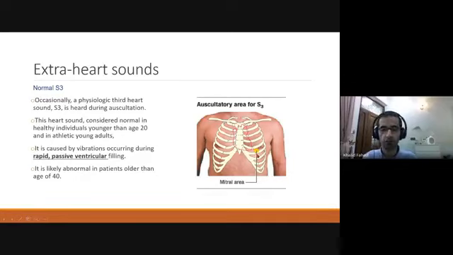This is best heard not in the mitral area, because the right ventricle is not located there. It is usually located near the tricuspid area. So S3 for the left ventricle is best heard in the mitral area, while the S3 from the right ventricle is best heard in the tricuspid area, because this area is in close approximation with the right ventricle.